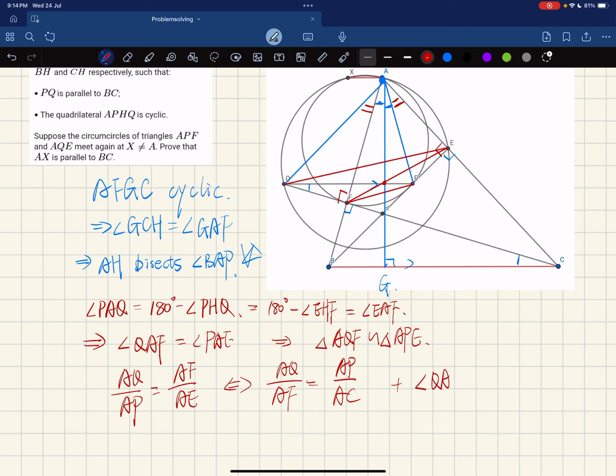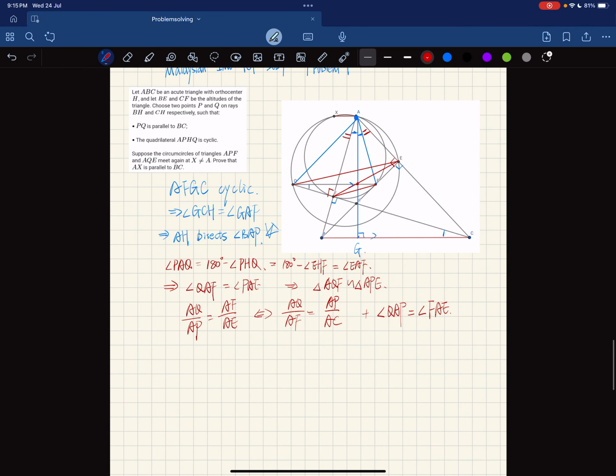Plus the two same angles, we have angle QAP equals angle FAE. So we can get triangle AQP similar to triangle AFE, and obviously it's also similar to triangle ACB.